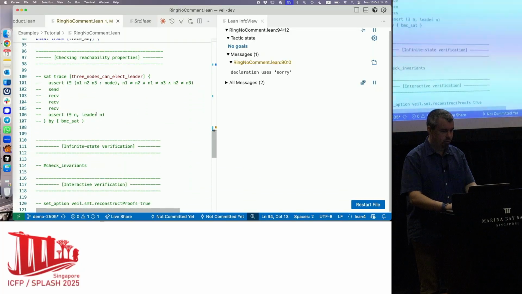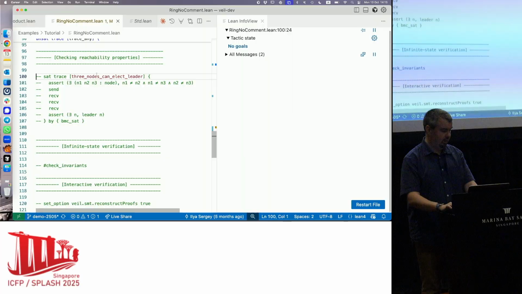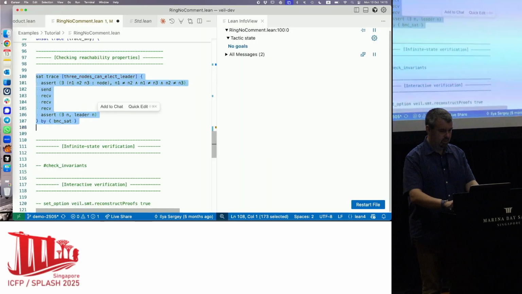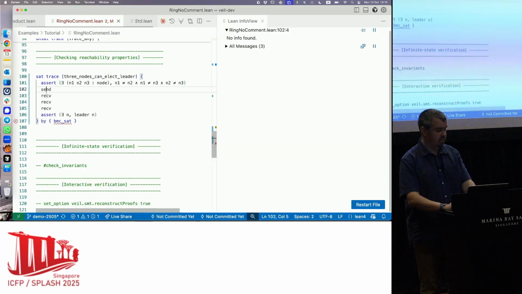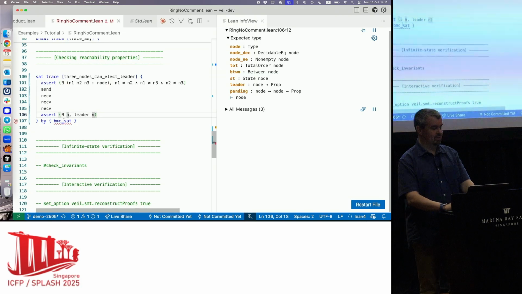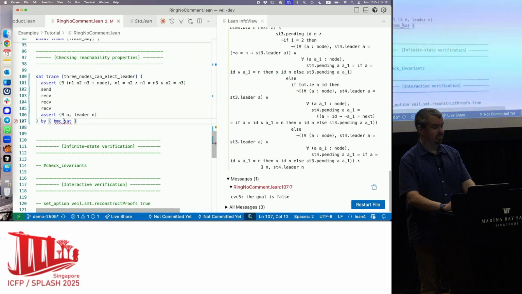For that, we have another thing. In this example, we say, OK, let's start from 3 nodes, and after we do one send and then receive, there should be a situation when there is a leader. And it says, nope, it's actually unsat. What does it mean for us?